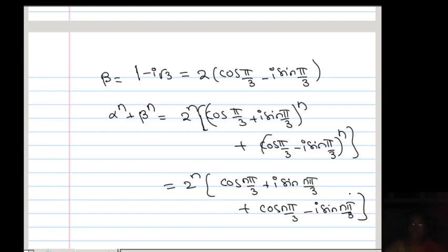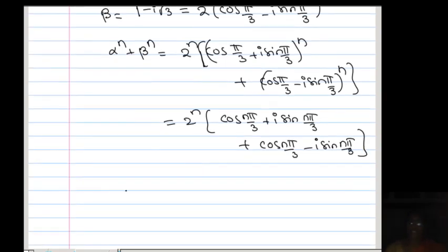Okay. So here 2 power n times cos n pi by 3, the i sin terms cancel, so we get 2 cos n pi by 3. So now this is written as 2 power n into 2 cos n pi by 3, which is nothing but 2 power n plus 1, because the bases are same, you should add the powers. So n plus 1, cos of n pi by 3.